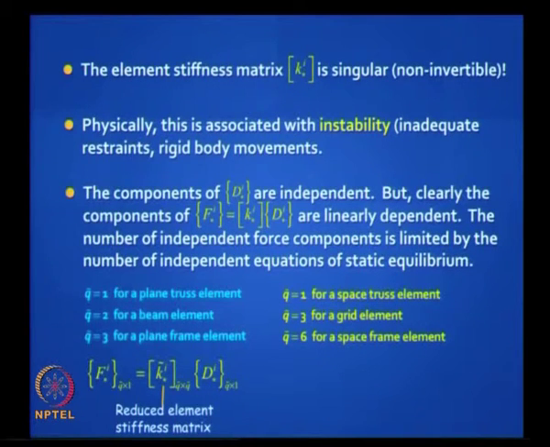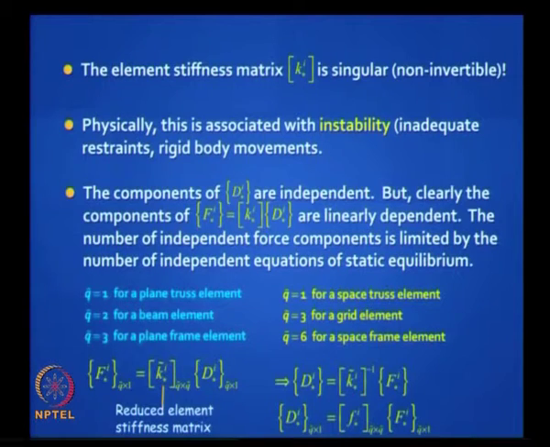This has an inverse because the rank is full here, and that inverse is called the flexibility matrix of the same size. So it is good to look at the reduced element and flexibility in one go, because the sizes of all the matrices are identical. Does it make sense? Okay, next.